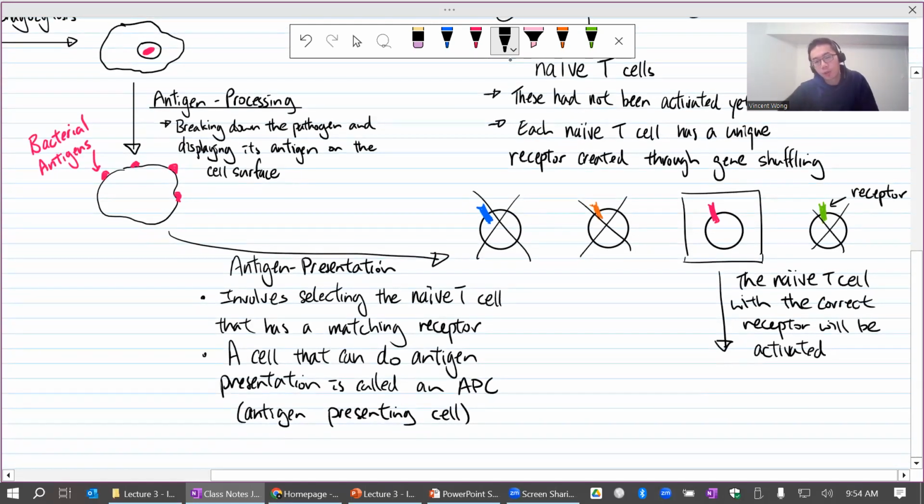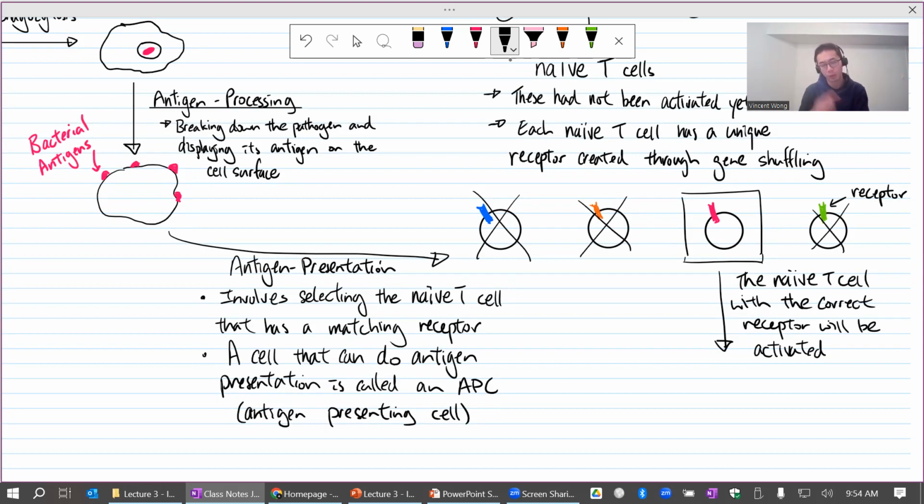If the cell is able to do antigen presentation, then we call it an antigen presenting cell, or an APC. So macrophage is an APC. Not all white cells can do this. Neutrophils, even though they can do phagocytosis, cannot do antigen presentation, so it's not an APC in that case.